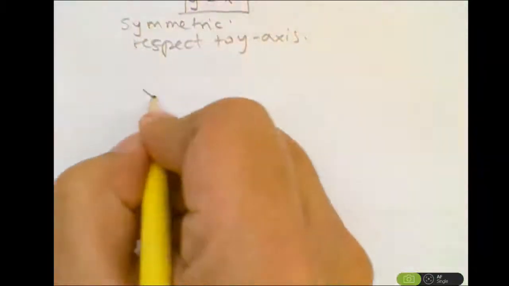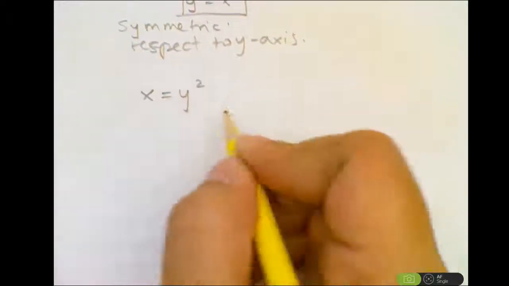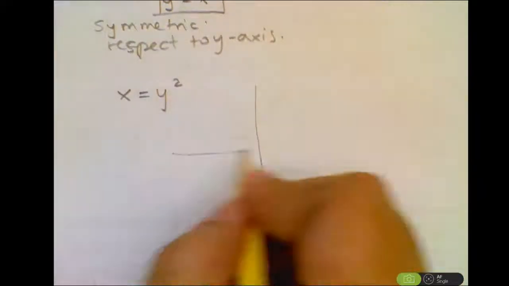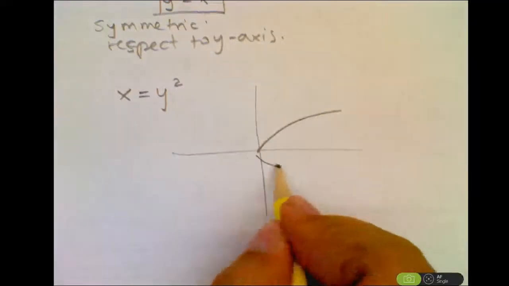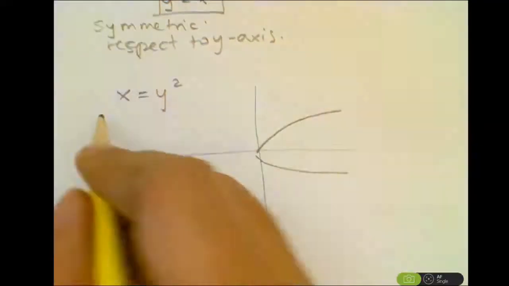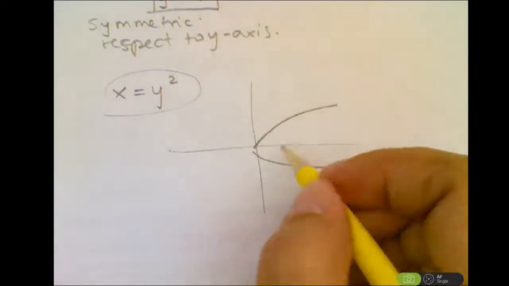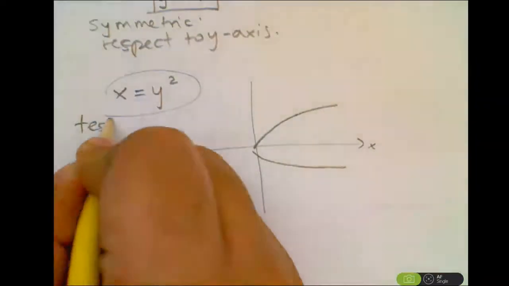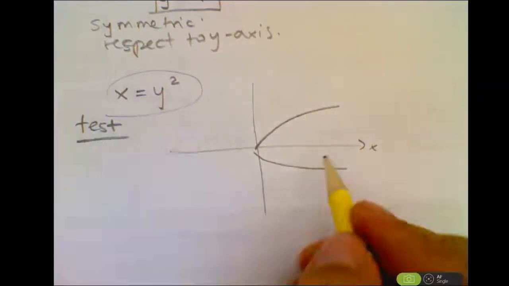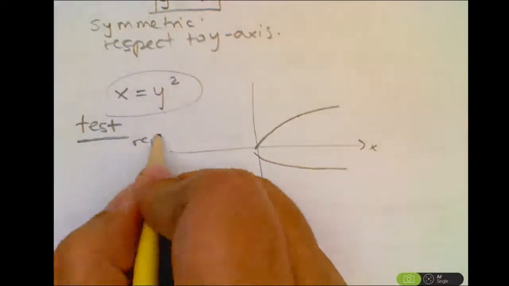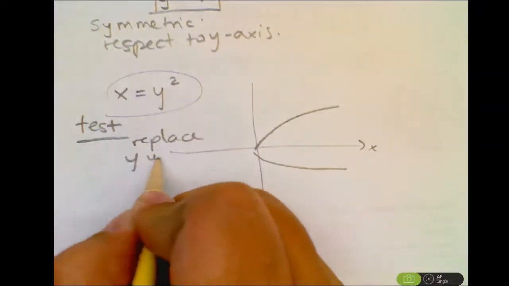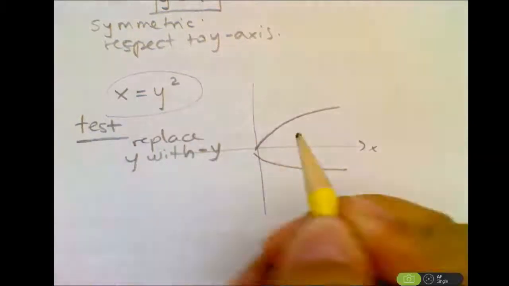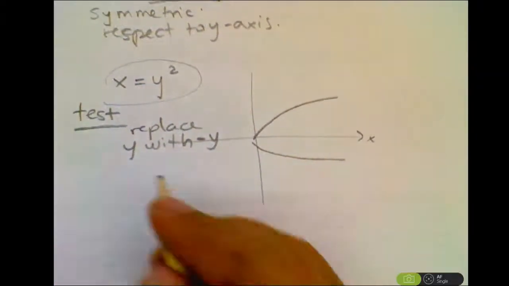Now, what if I have x equals y squared? This is not a function, this is a relation, and the graph looks like this. So I know that this is going to be symmetric with respect to the x-axis. But how do I test? The test will say, okay, replace y with -y and see if you get the same equation.